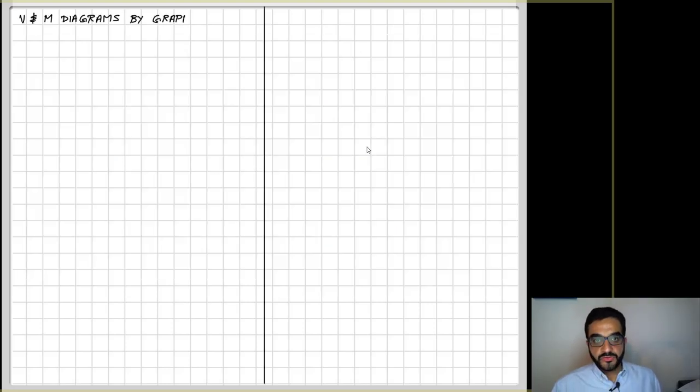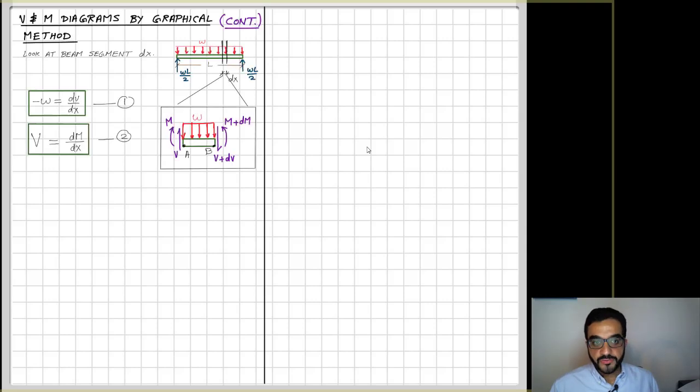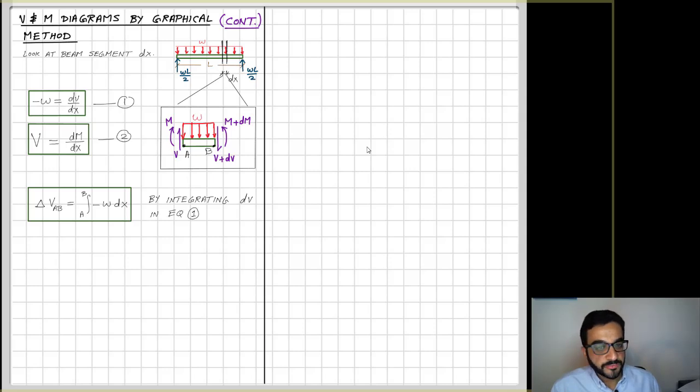So now let's go back to the same beam. Remember the derivative relationships we figured out using that deductive approach. We proved it by that segment dx of the beam. Now if I look at these relationships, for the first one, what if I integrate that relationship relative to dx, I integrate dV.